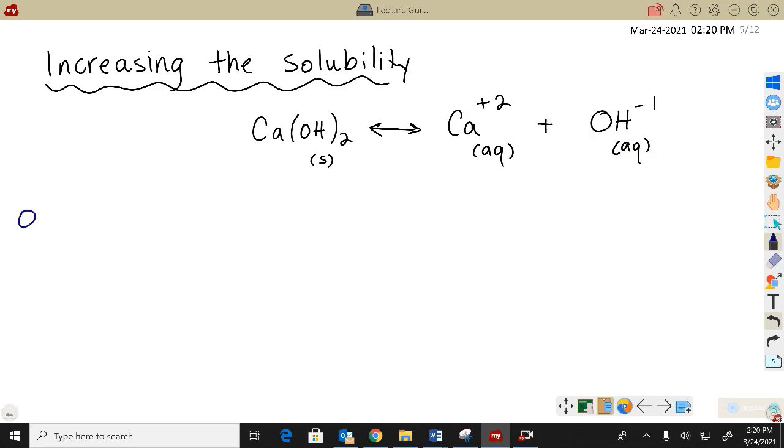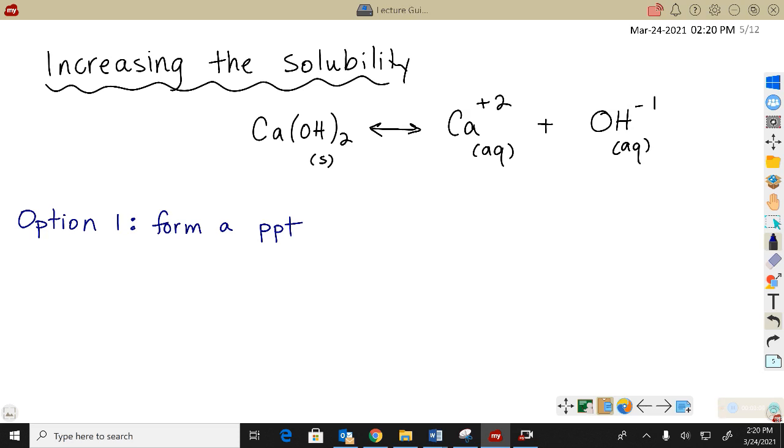Option 1 would be to form a precipitate. Add something that will form a precipitate with one of your ions produced.